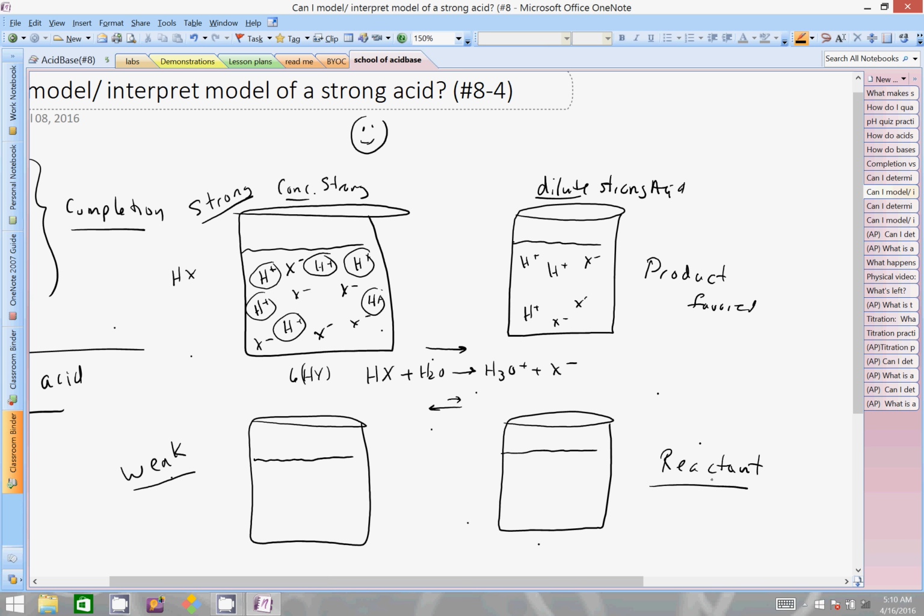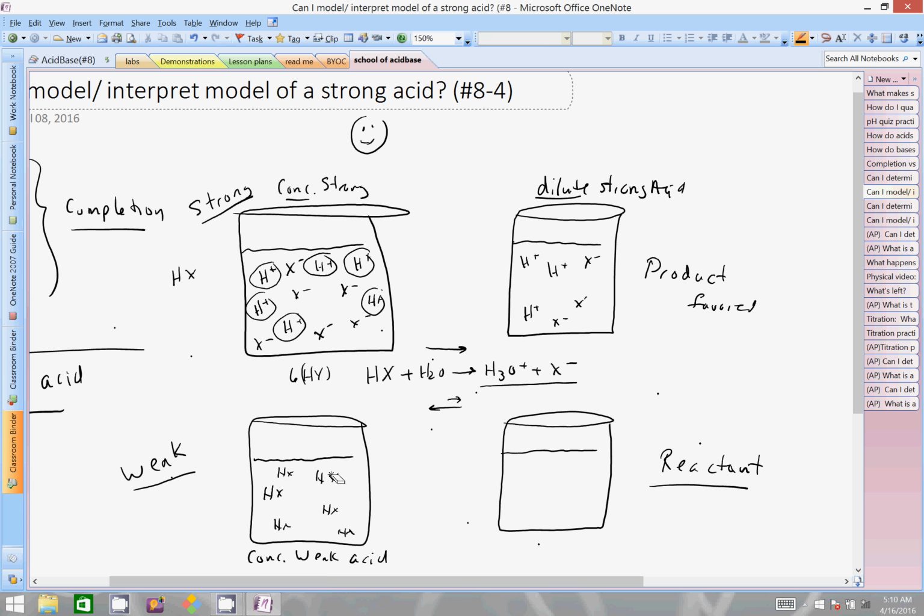If I were to draw a weak acid, someone might even draw it like this. They may draw all 6. This is a concentrated weak acid. In this case, I'm not showing any products, and you can draw one.